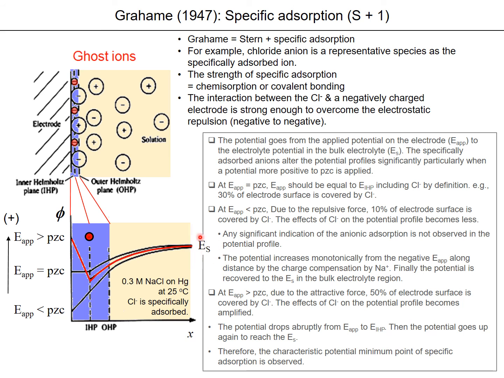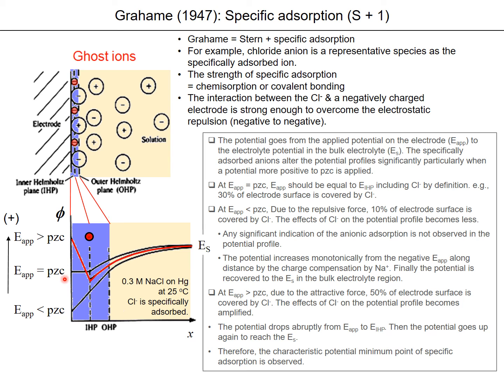Here, E_S is the solution potential. The specifically adsorbed anions alter the potential profiles significantly, particularly when a potential more positive than the point of zero charge is applied. So let me explain about that in a more detailed way.